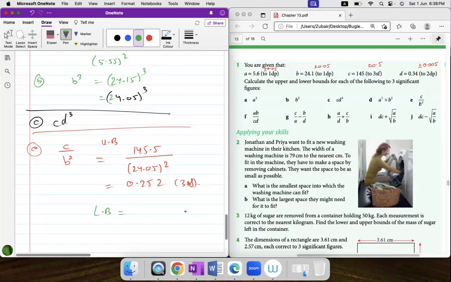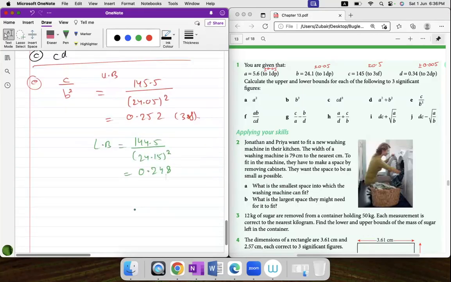And lower bound is lower value for C, 144.5 over higher value for B, 24.15 squared. 0.248 up to three significant figures.